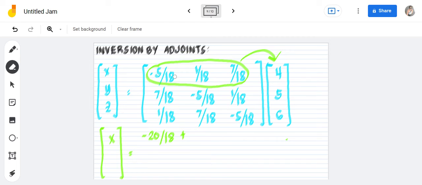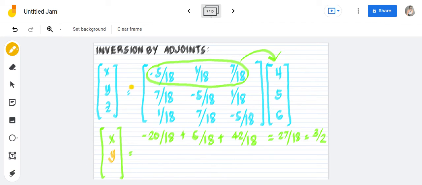Okay, so that's negative 5 times 4, it's negative 20 over 18. 1 times 5, that should be 5 over 18, plus 7 times 6, that's 42 over 18. Negative 20 plus 5 plus 42 will give us 27 over 18, which is the same as 3 halves.